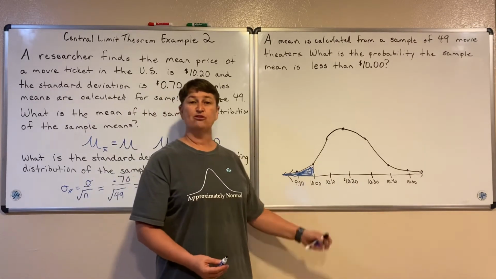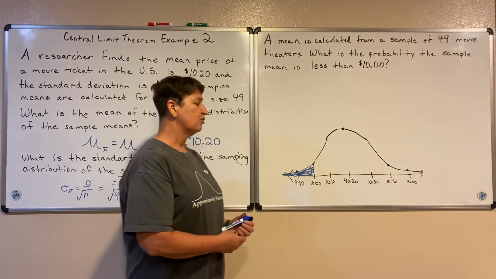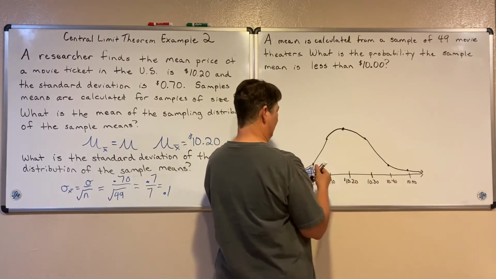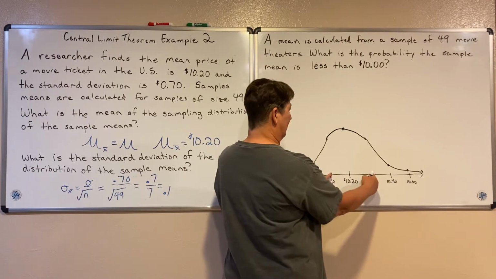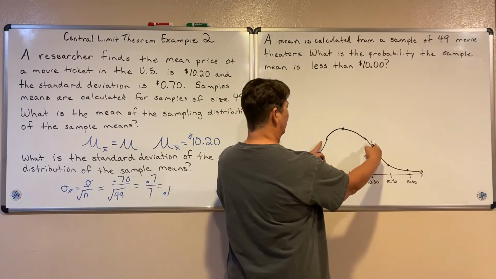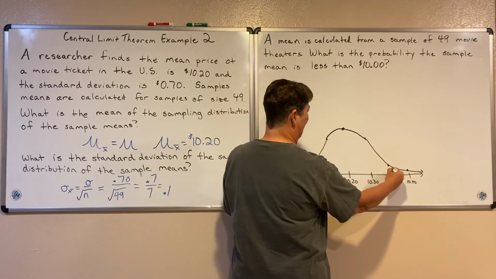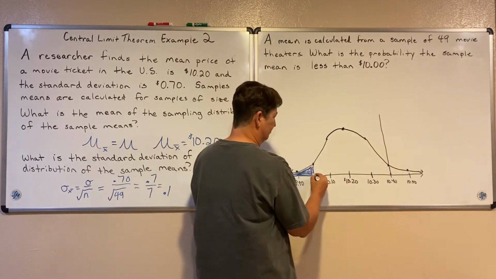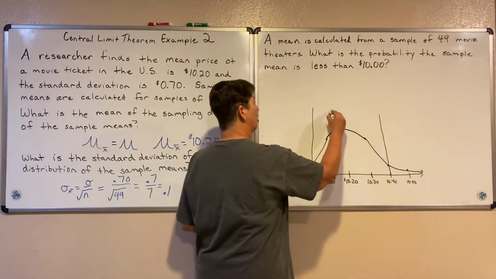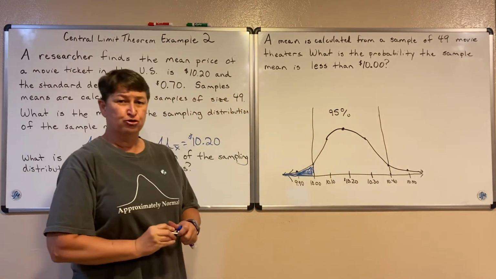Well, because this is a nice normal distribution, we can use the empirical rule to help us. So let's do that. We know from the empirical rule that 68% of our data is within 1 standard deviation. We know that within 2 standard deviations is 95%. And that's the one we need here, because this $10 is out 2 standard deviations. So we know that 95% of our curve is there within 2 standard deviations.